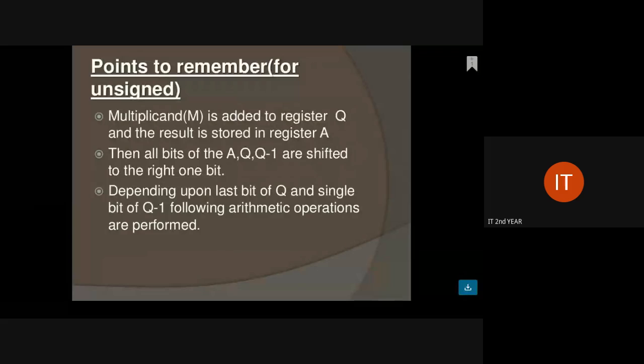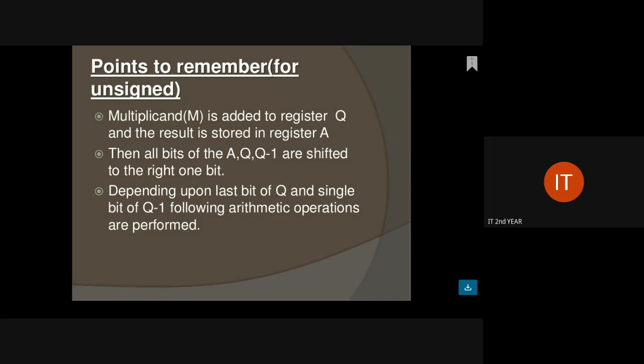We will see the implementation of the shift register in this Booth multiplication algorithm. Depending upon the last bit of q and the single bit q minus 1, various arithmetic operations, starting from addition and subtraction, will be performed.